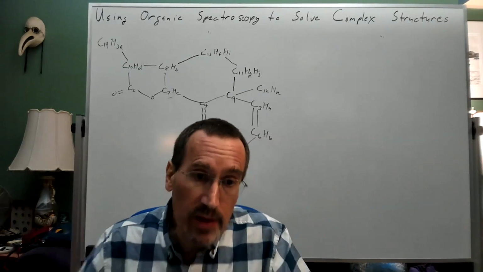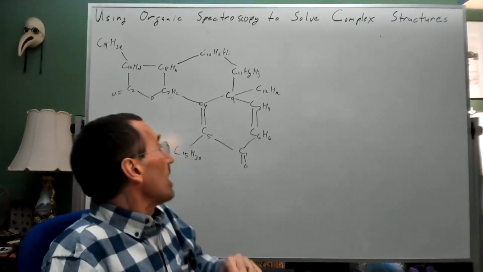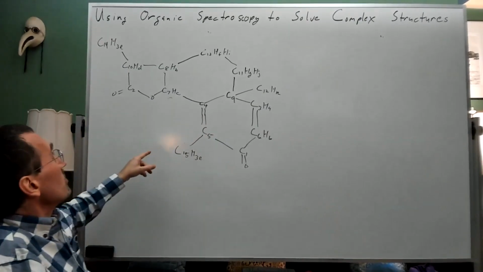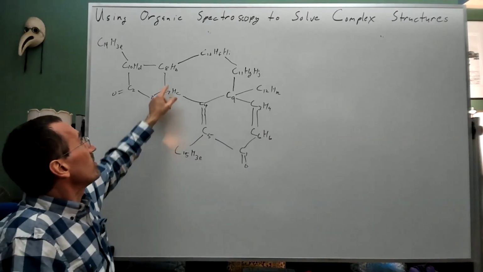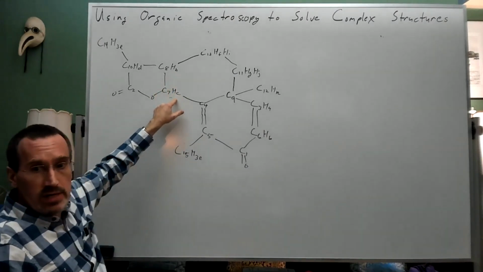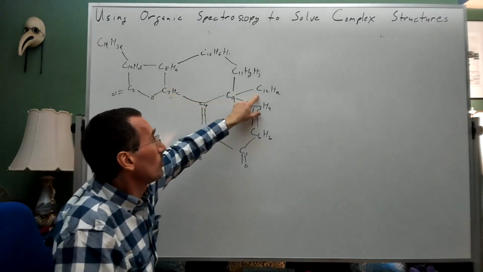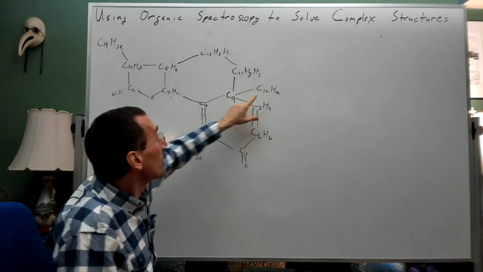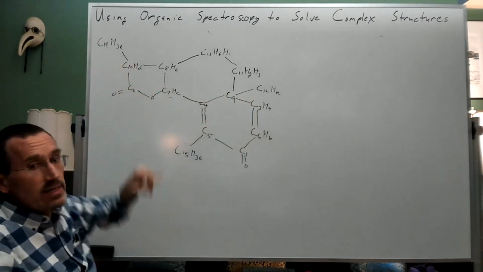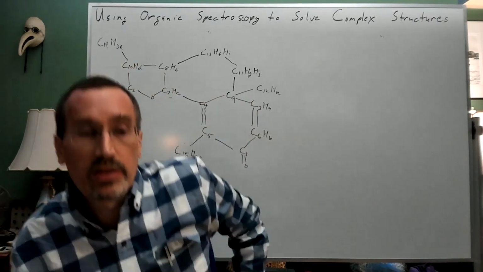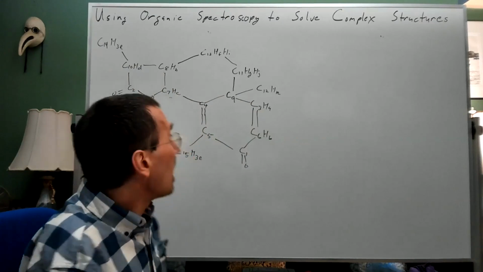So at this point, we have all the connectivity of the molecule, and we have some stereochemistry to establish on this. Most notably, we have the stereochemistry of the ring junction here, the methyl group over here, and the methyl group over here. So basically, we need to figure out what the relative orientation of these substituents is.